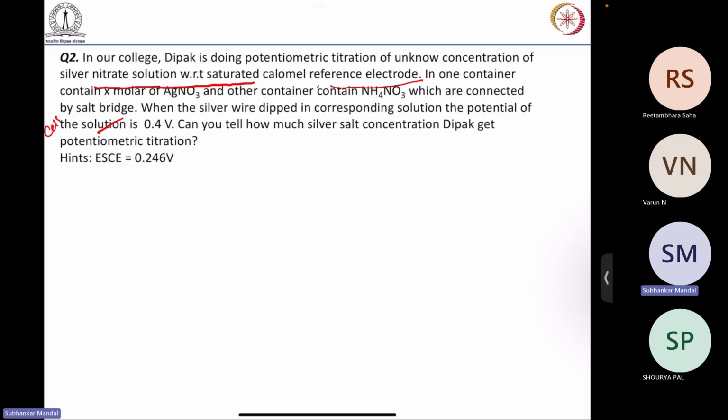It is given E SCE, that will be the calomel reference electrode, given in voltage. So how can we solve this problem?